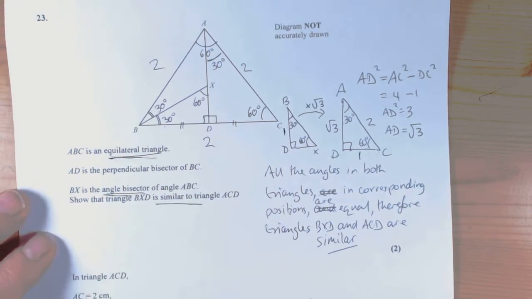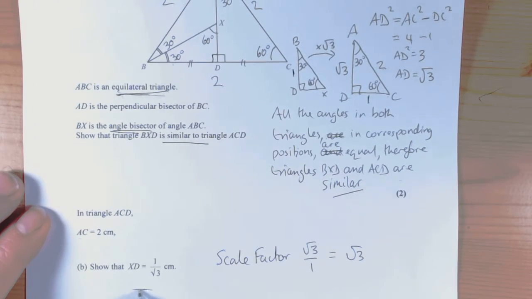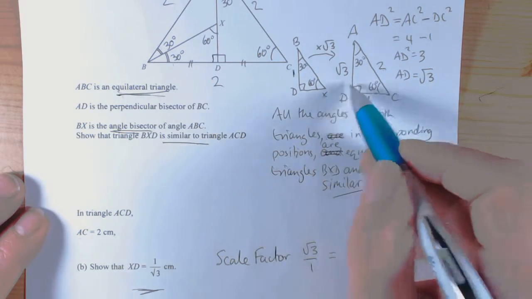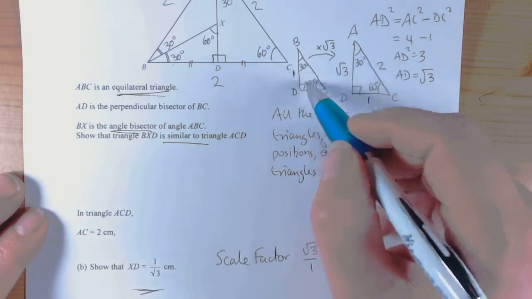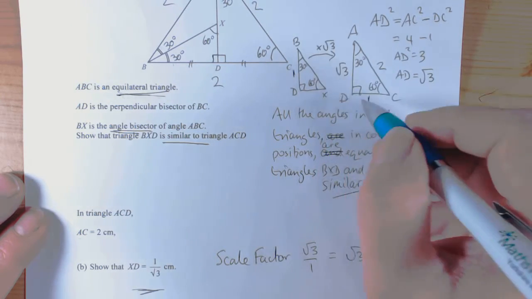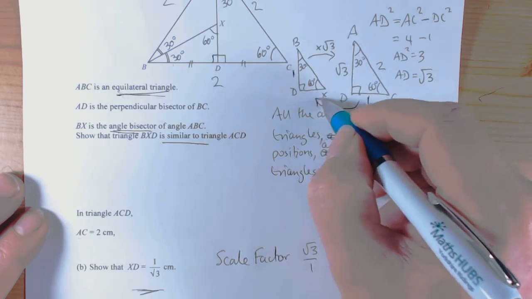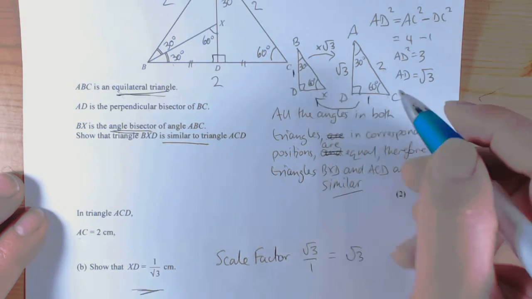Now the question wants you to show that XD is equal to 1 over the root of 3. Well, when we look at the pictures to help us see what's going on, we can see that to go from the small triangle to the big triangle, we multiply all lengths by the scale factor of the root of 3. So coming the other way, from the large shape down to the small shape, we're going to divide by the scale factor.